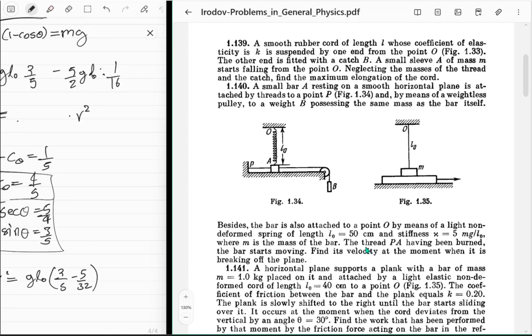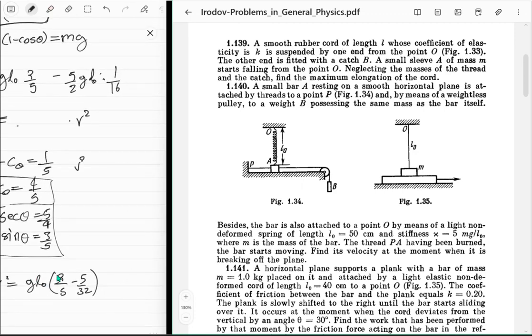L naught will be half, and g, let's just assume it's 5. So v squared is 5 times all that stuff, which is 3 minus 25 upon 32. Not good. The upper number is going to be odd anyway, so no hope for us actually.